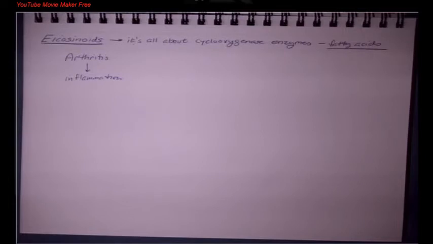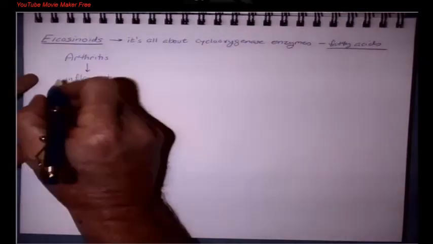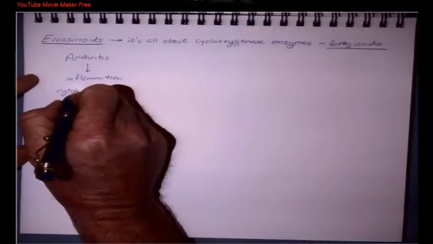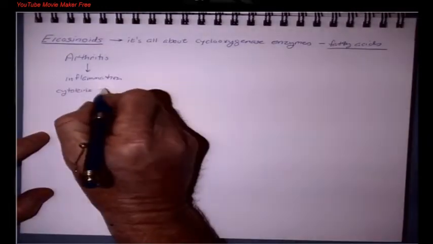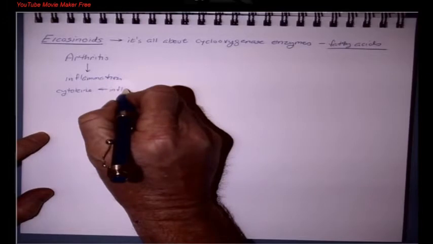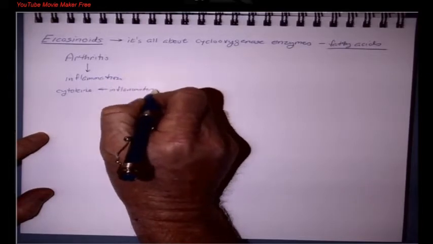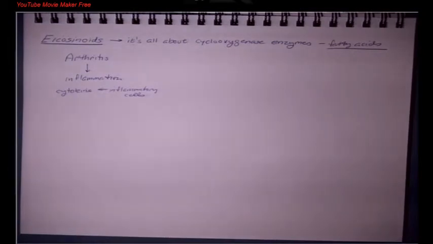So the first thing that's going to happen is we are going to have, for example, cytokine secretion by the inflammatory cells. The cytokines are going to be binding to other inflammatory cells that are going to mediate the eicosanoid response.